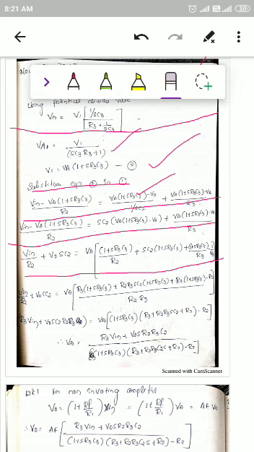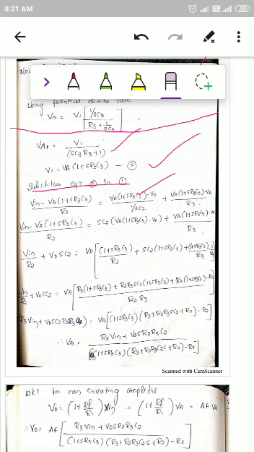Now in this particular equation, with R2 and R3, just cross multiply all the terms, take the LCM and substitute here.